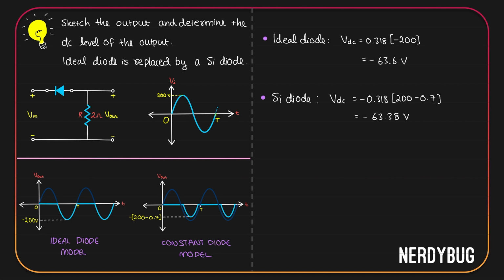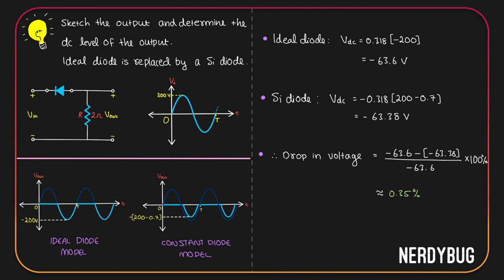Let us calculate the drop in voltage in percentage. It will be minus 63.6 minus of minus 63.38 divided by the original value minus 63.6. To get it in percentage, I'll multiply it with 100. And this is approximately 0.35 percentage.